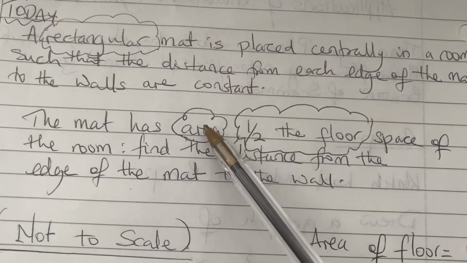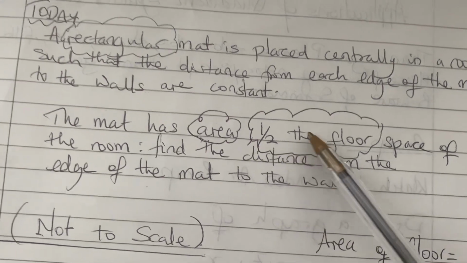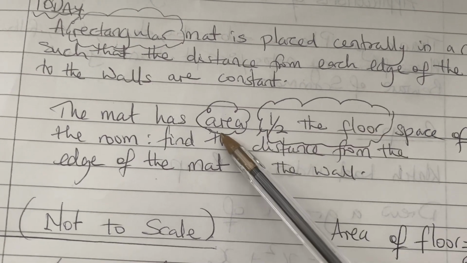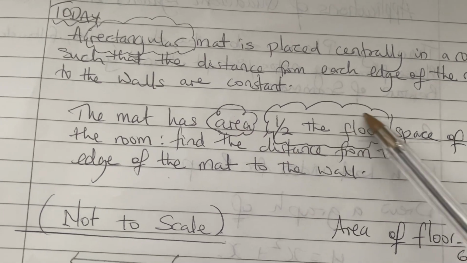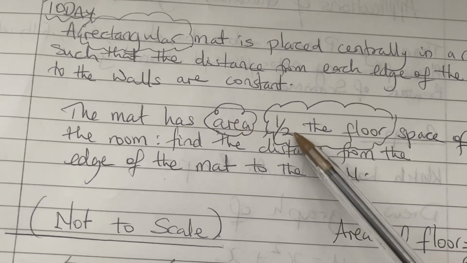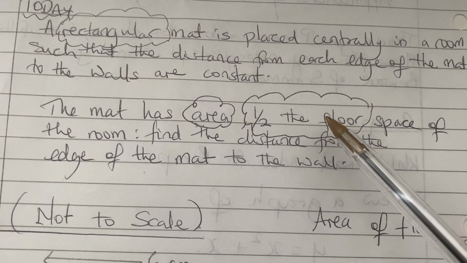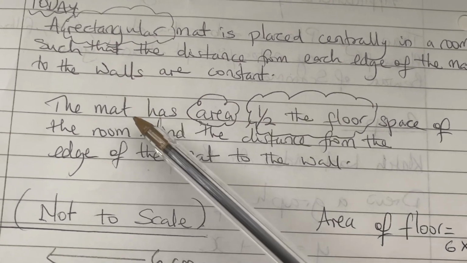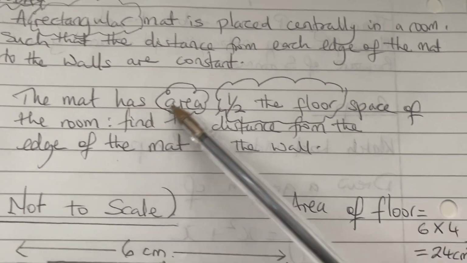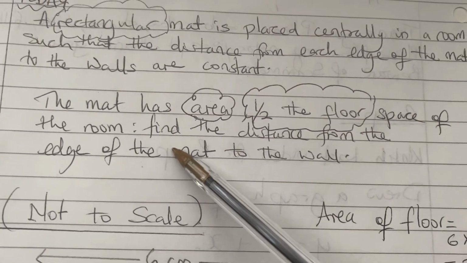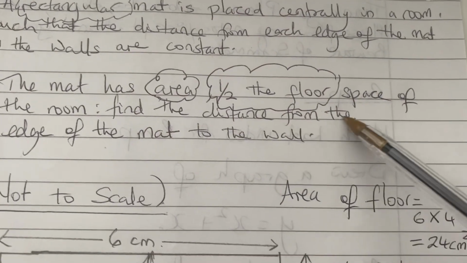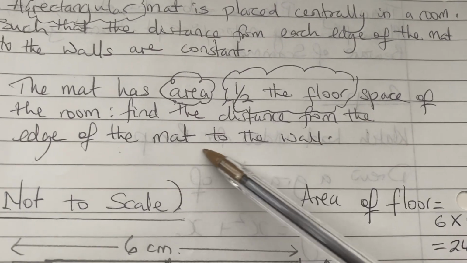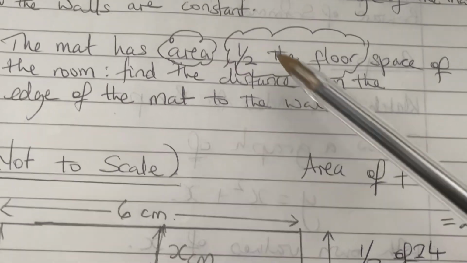So the mat has area half of the floor. Now we need the area of the floor of the room. If we know the measurement, then half of that is the area of the mat. In the room, find the distance from the edge of the mat to the wall.